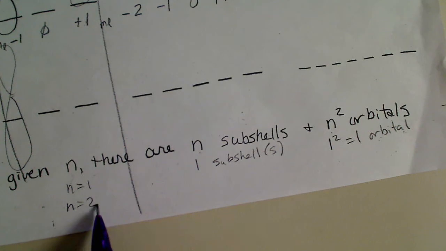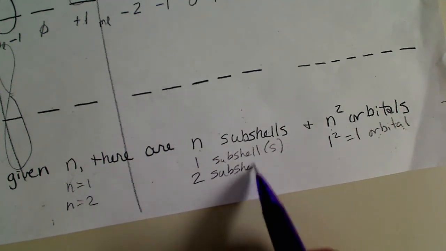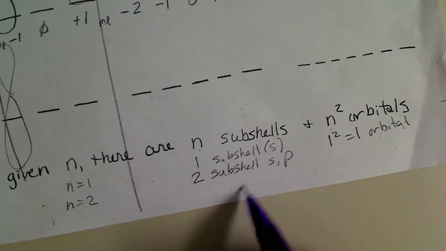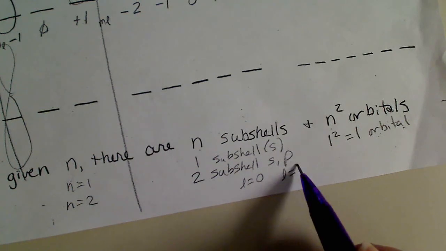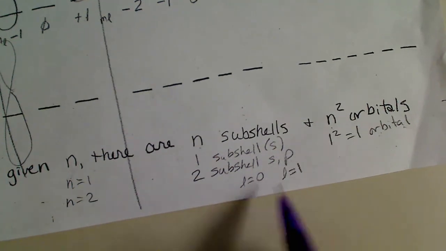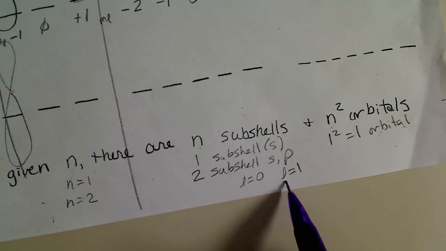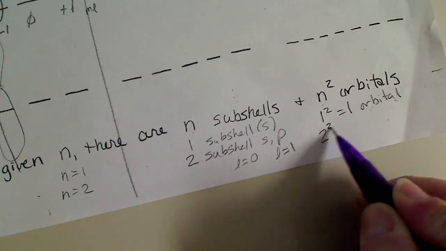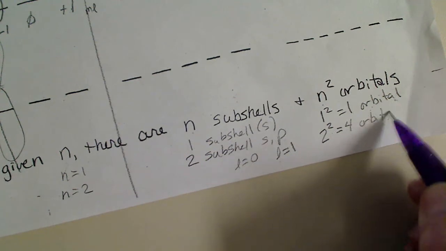When n equals 2, there are 2 subshells, s and p, and again, s corresponds to L equals 0, p corresponds to L equals 1. So we're just adding a few more quantum numbers to this from an introductory course. And then there are 2 squared, which is 4 orbitals.